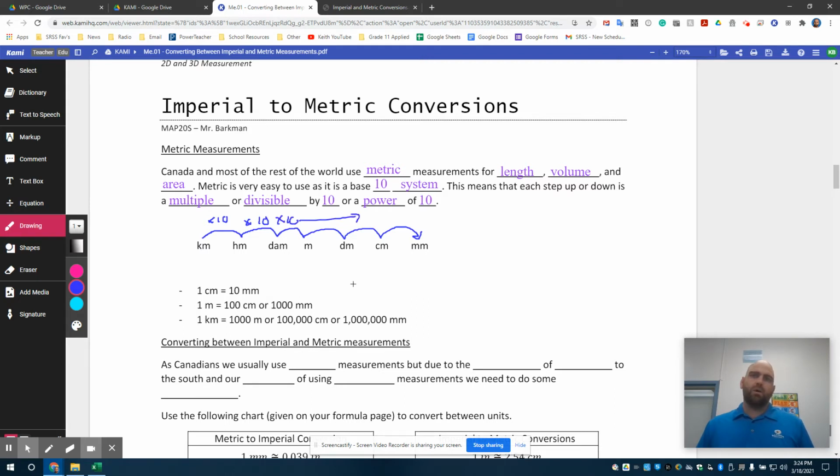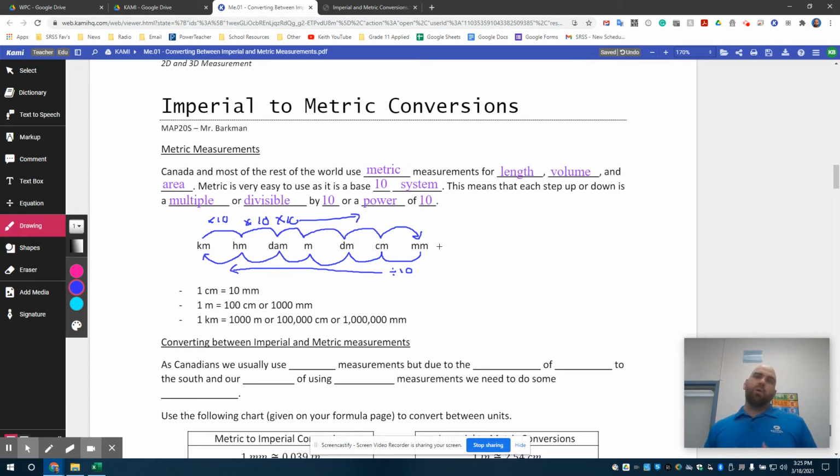If we go the opposite way, if we have millimeters, we can go to centimeters, decimeters, meters, decameters, hectometers, kilometers. Every time we are going to divide by 10.